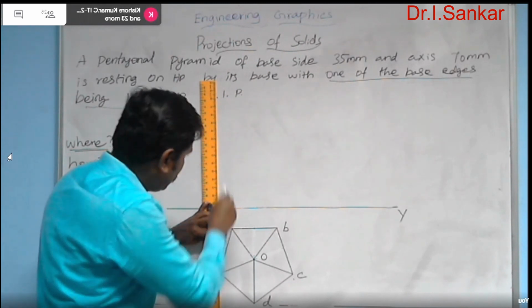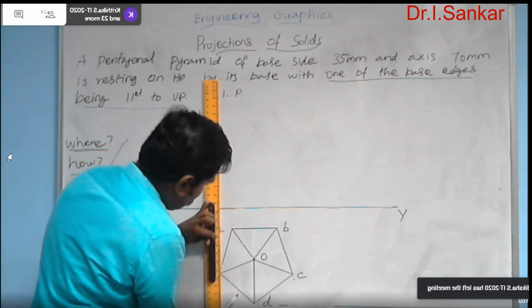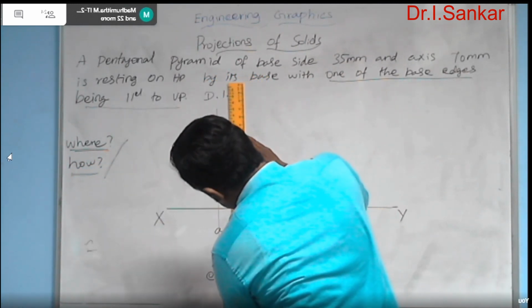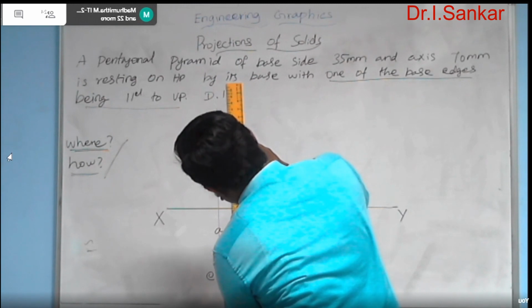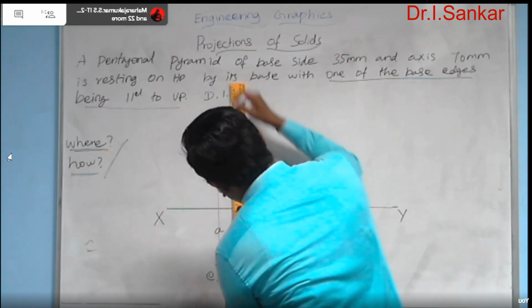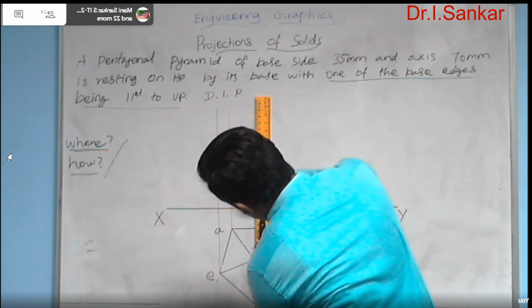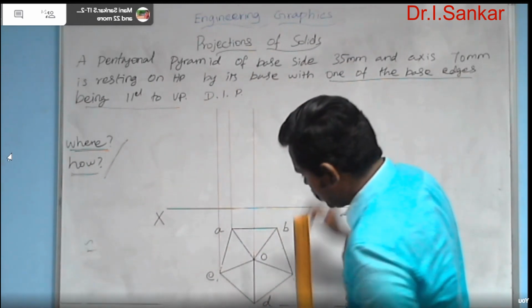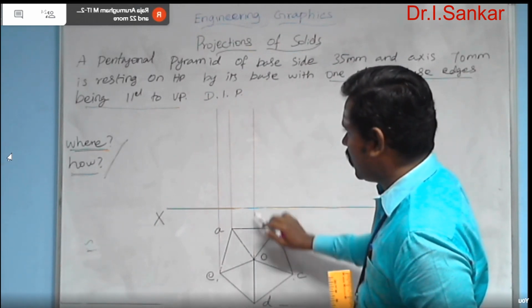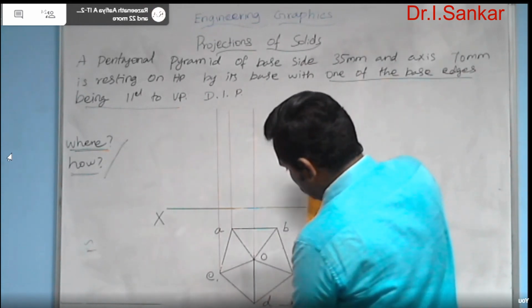See here. If you look, the base corner D and the apex point O are having common projector, since they coincide with each other in the top view.